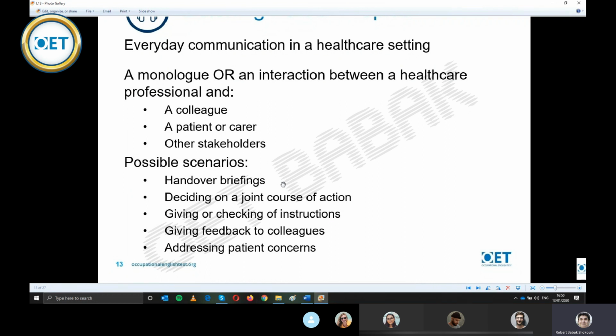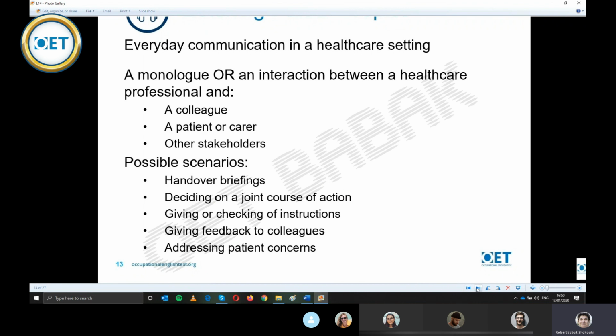Giving feedback to colleagues to tell them they've done well or should have done something differently, or addressing patient concerns. Usually they ask what these two people were doing. Were they deciding on a joint course of action? Or what was this conversation about? It was a handover, for example.